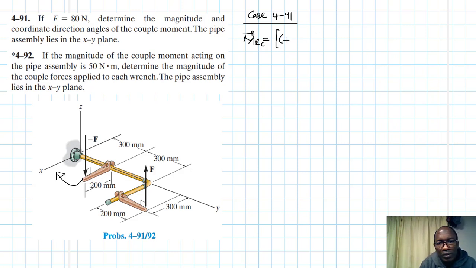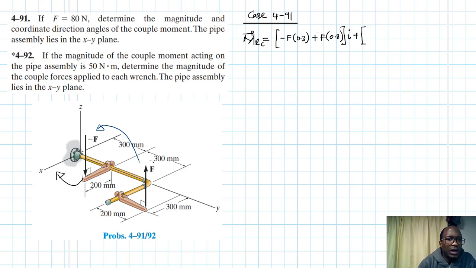So I will have minus F times the lever arm, which is 0.3, and then this F along the x-axis is going to be positive. So this will be plus F by the lever arm, which is 200 plus 300 plus 300, which is 800, so 0.8. We close that as the i component.